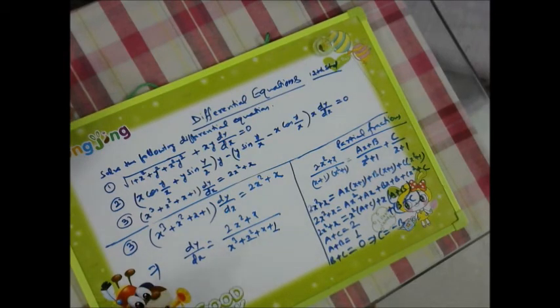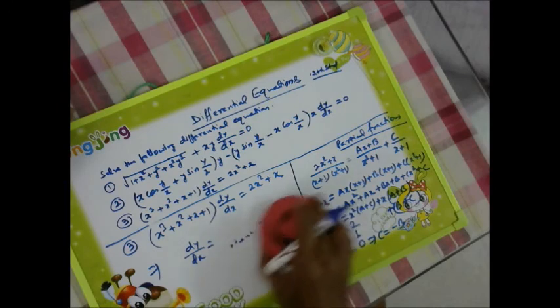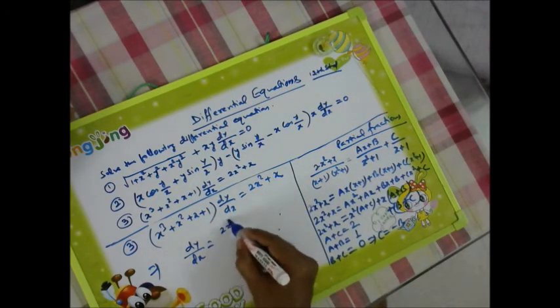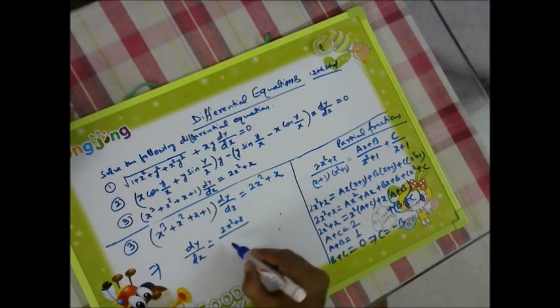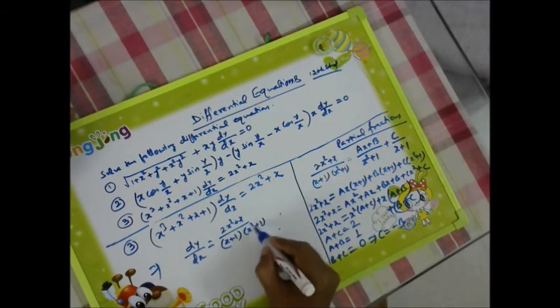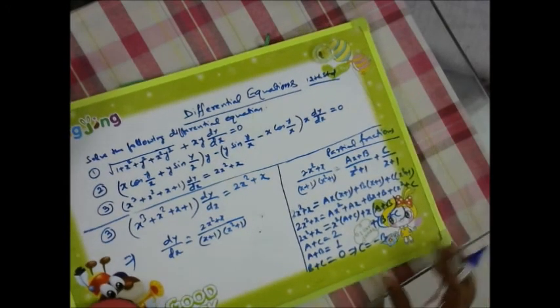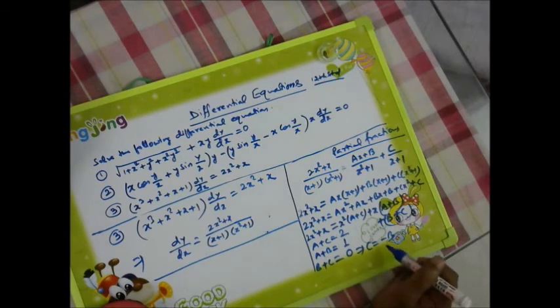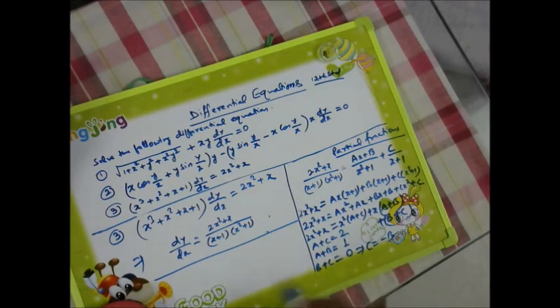Right, and this one will become 2x square plus x by x plus 1 and x square plus 1. So c is equal to minus b. Let me solve here first. So this c is equal to minus b, I will place it here.